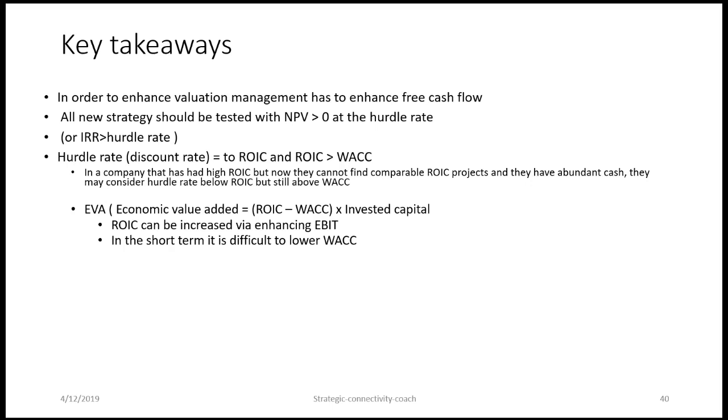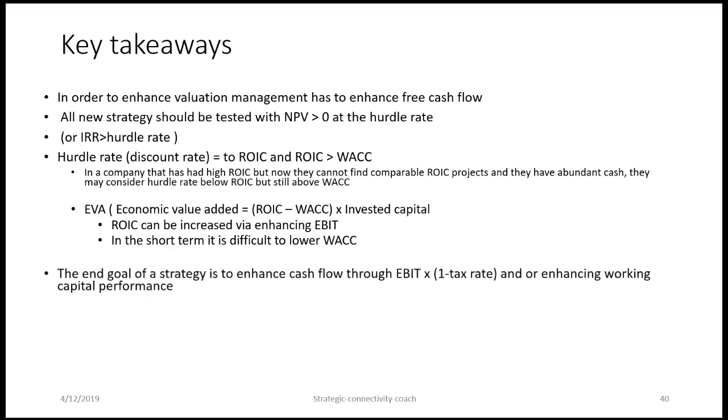A company that has high ROIC but cannot find comparable ROIC projects, and has abundant cash, can use something lower than the hurdle rate. For this one, I would recommend watching the strategic connectivity part 2, and economic value added. Also recommend watching strategic connectivity part 2, where I provide some more detail on that.